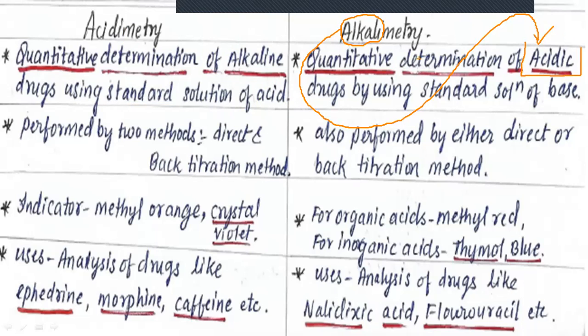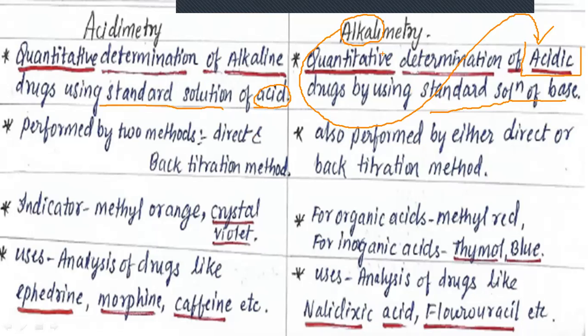So this is called alkalimetry. So in acidimetry and alkalimetry, we are using two different standard solutions. In acidimetry, we are using a standard solution of acid. In alkalimetry, we are using a standard solution of a base. Okay, so this is the main difference between acidimetry and alkalimetry.